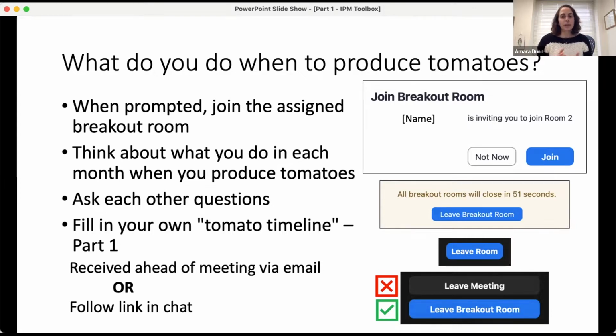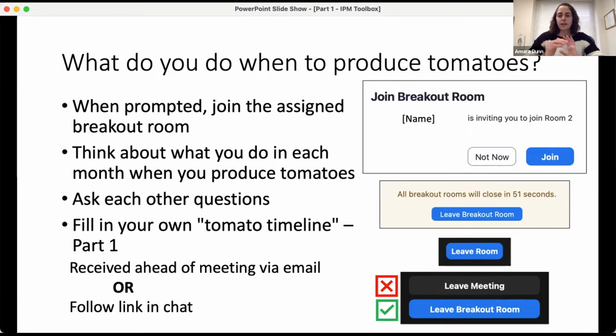So the way that the breakout room is going to work is, in a moment, you'll see a little window pop up that says join breakout room. I'm not quite sure whose name is going to be here. It might be Kim's, it might be mine, but it'll say you're invited to join a breakout room. All you have to do is click the blue join button. I'll set a time limit on the breakout room, and it'll probably be around 10-ish minutes.